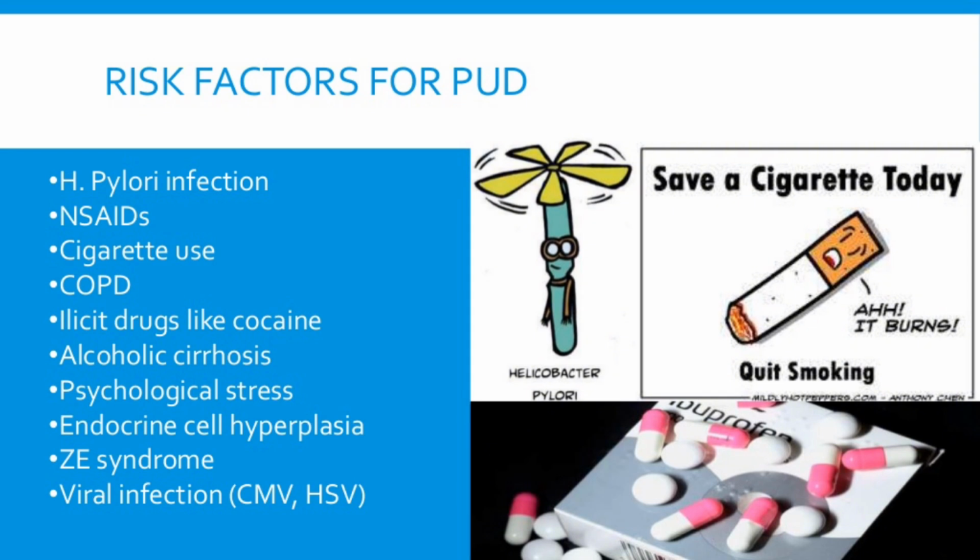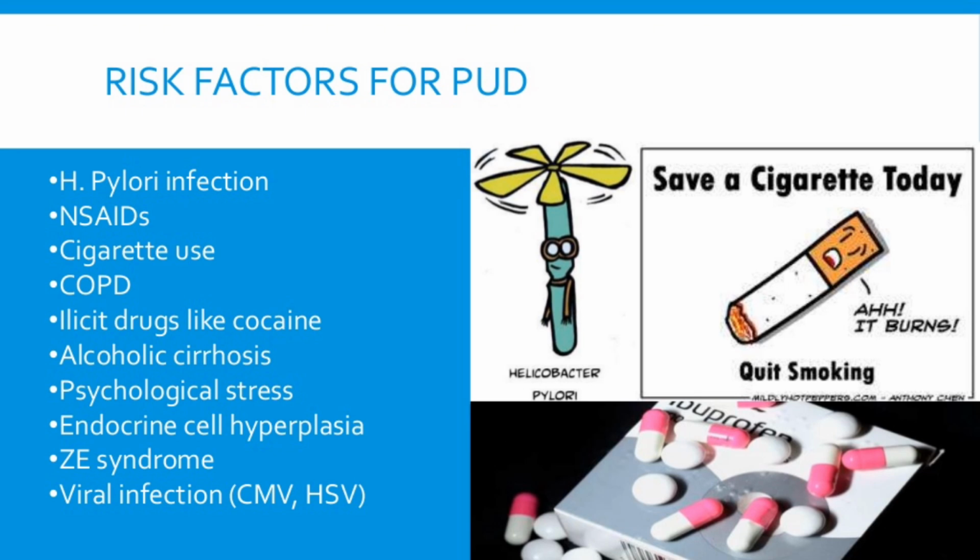ZE syndrome, also known as Zollinger-Ellison syndrome, where there is excessive secretion of gastric acid due to gastrin-producing tumors, significantly increases the risk of peptic ulcers, as do viral infections like cytomegalovirus and HSV, herpes simplex virus.